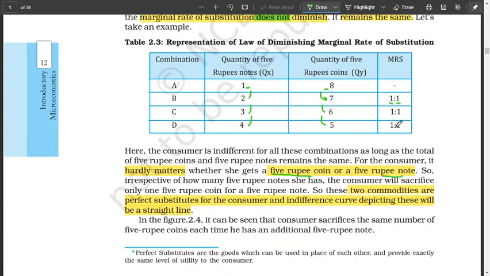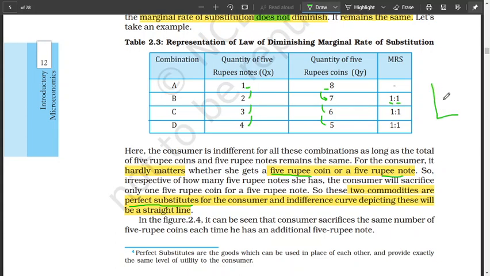It's not like a commodity where the MRS is diminishing, but we want to see that there are some times when goods are perfect substitutes, they serve the same purpose, you are indifferent. That's why the marginal rate of substitution is constant.